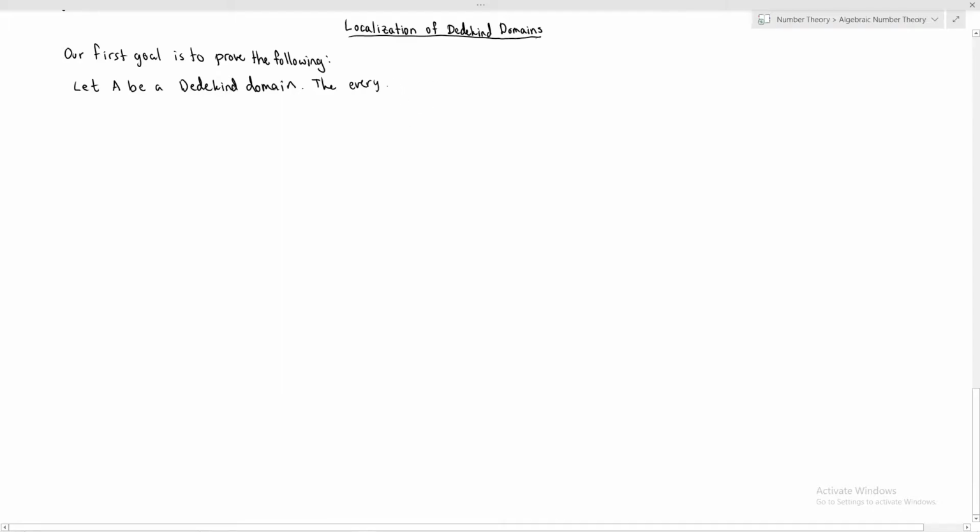Every ideal. I probably need non-zero. Sorry. Every non-zero ideal of A factors uniquely as a product of prime ideals.